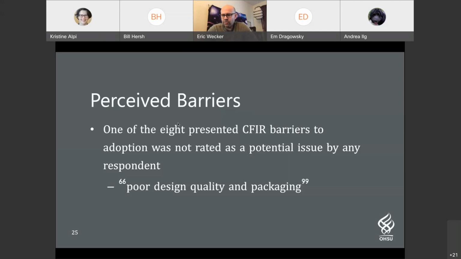So what were the perceived barriers? Out of the list from CFIR, there was one that was not rated by anyone as a potential issue, and that was poor design, quality, and packaging. Didn't come into play.